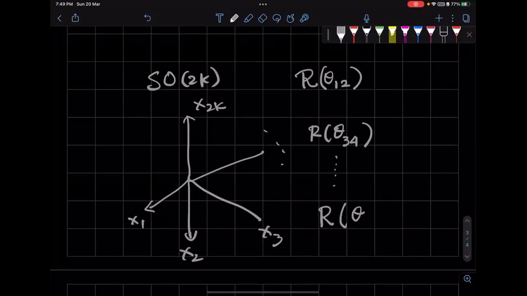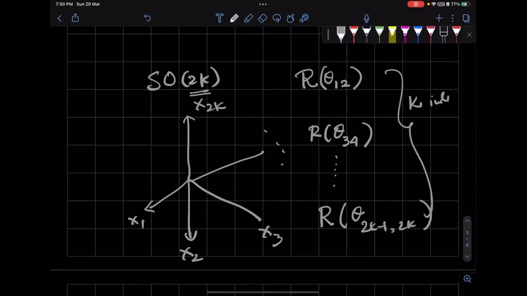So if you have 2k dimensions in the space that SO(2k) is acting on, we have k independent rotations, right? These rotations should all commute. Any other rotation will not commute with all of them.